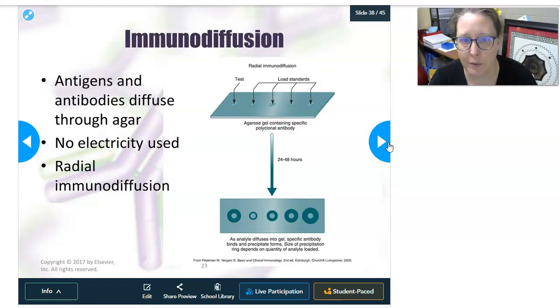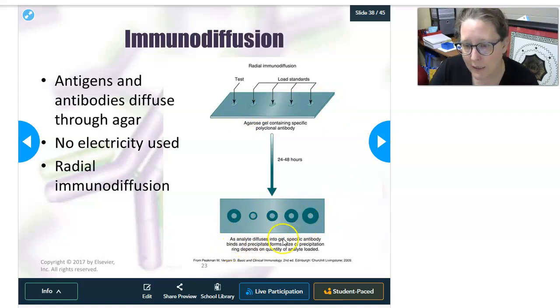So out of those, you have immunodiffusions. Antigens and antibodies diffuse through agar. And this one, no electricity is used, just time. Radial immunodiffusion is an example of immunodiffusion, and you just incubate them and let them move and react all on their own.